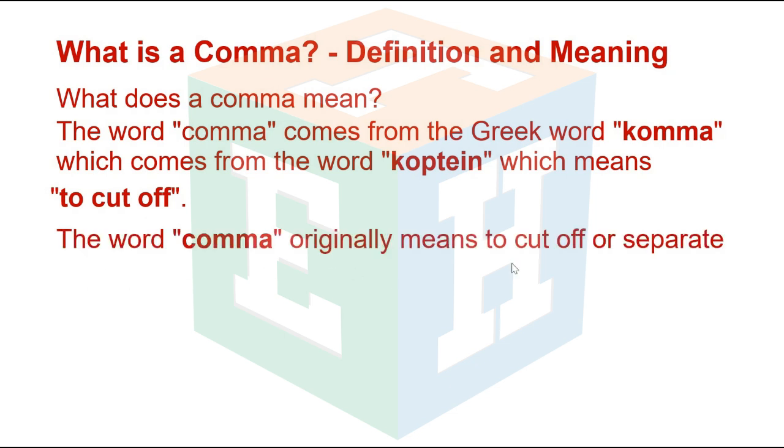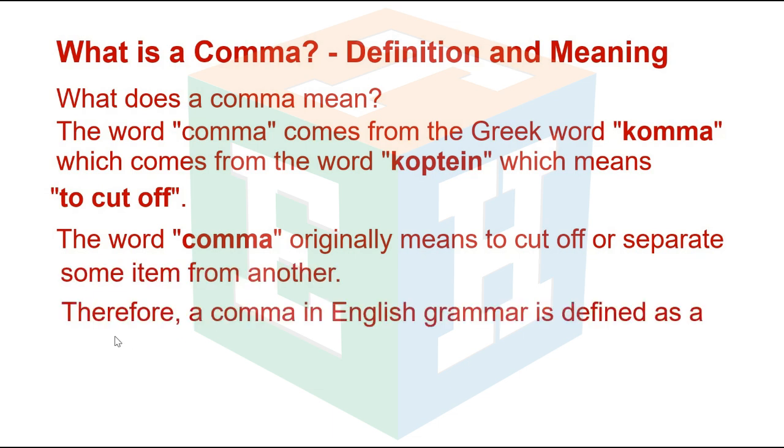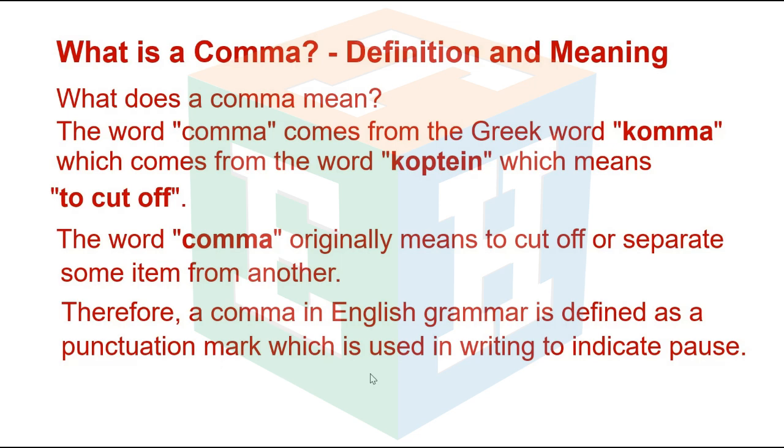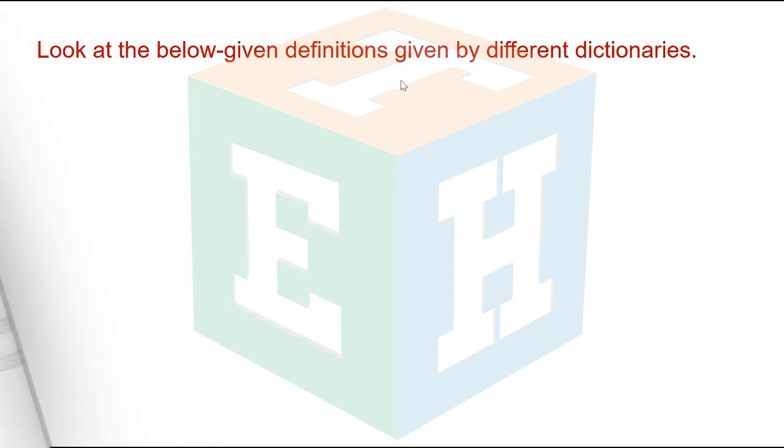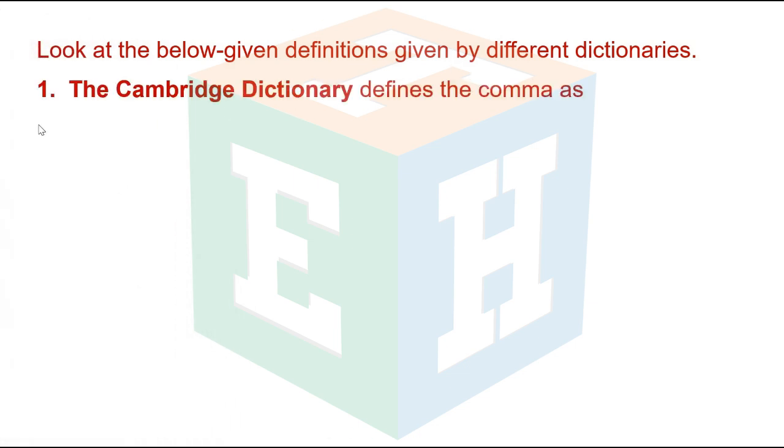The word comma originally means to cut off or separate some item from another. Therefore, a comma in English grammar is defined as a punctuation mark which is used in writing to indicate a pause. Below are definitions given by different dictionaries.